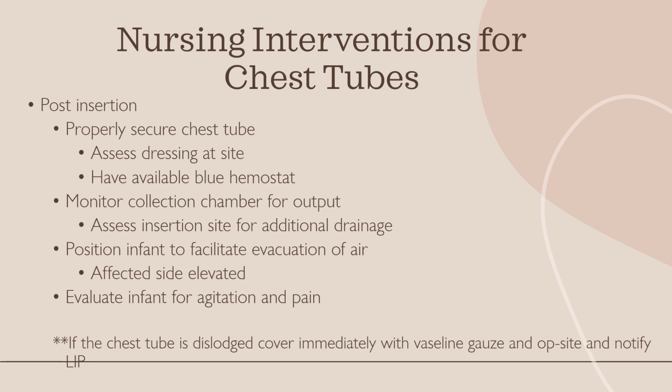You want to monitor for any collection in the chamber. And you want to assess the water seal compartment and watch it for any bubbling or air evacuating. Also very important is to evaluate your infant for pain and make sure that they are getting the appropriate medication for that.